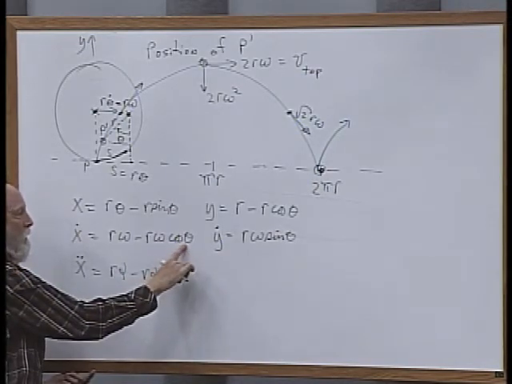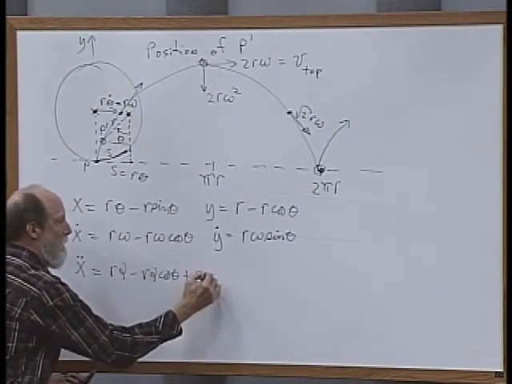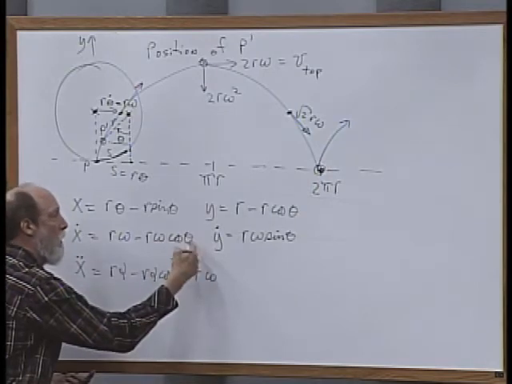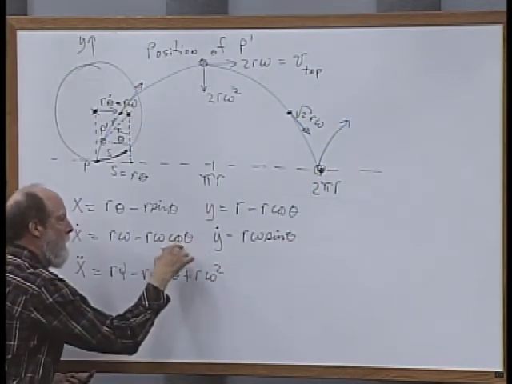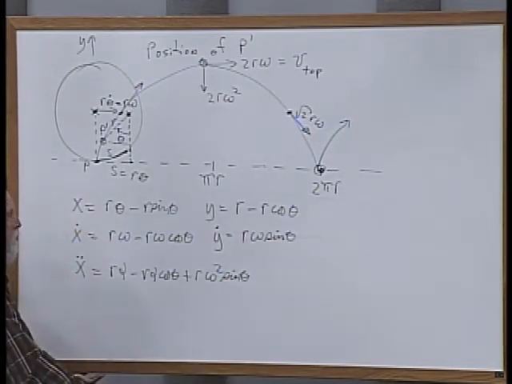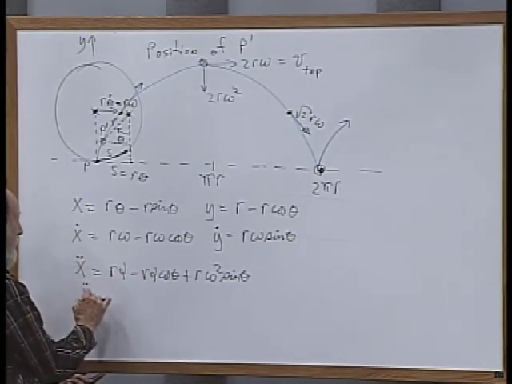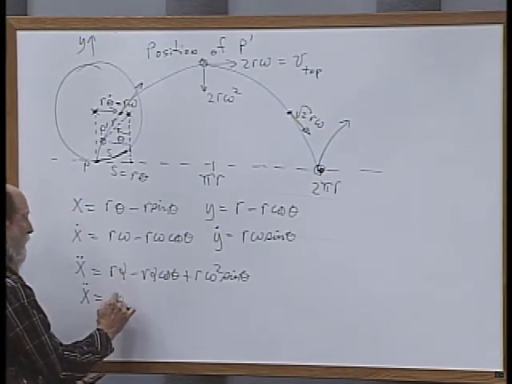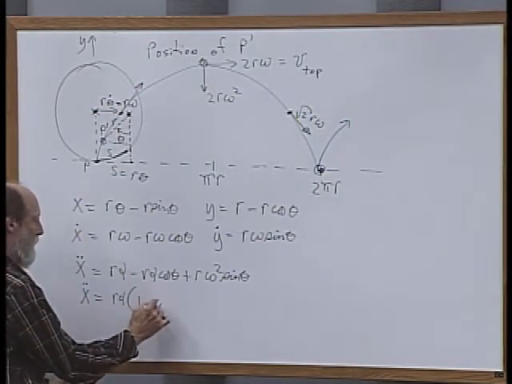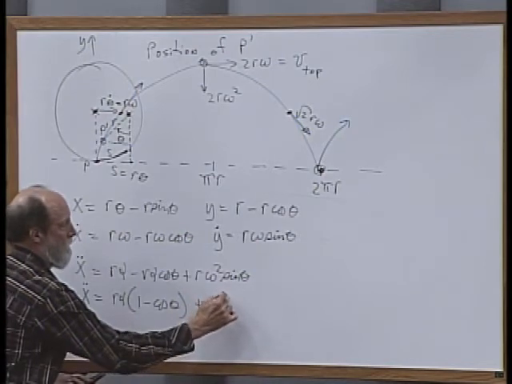Now we need to take the derivative of the second, which is plus r, minus sign becomes plus r, omega with another omega showing up, sine theta. And oftentimes this term is written in a factored form where you pull out this r alpha, 1 minus cosine theta, just makes life sometimes a little simpler for you.